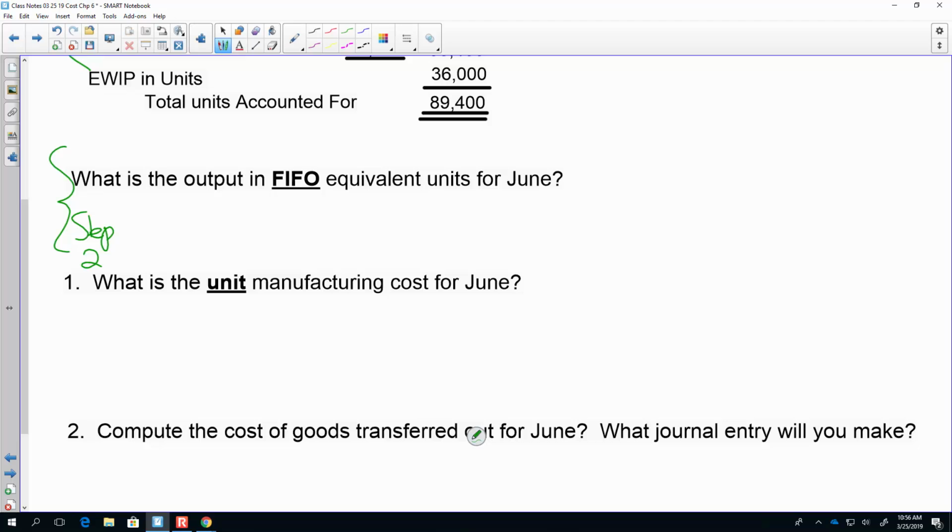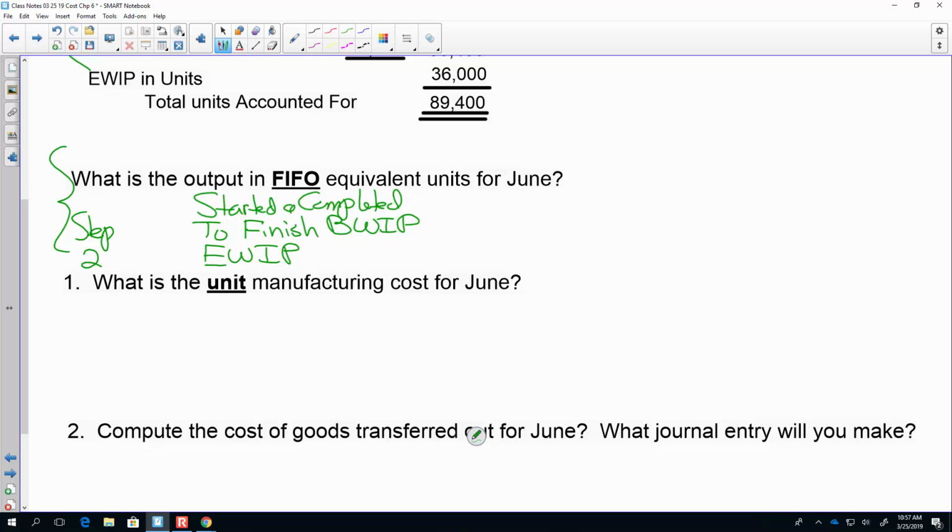So, looking at the report, I want you to write this down: started and completed, to finish, beginning with, and then finally a third, ending with.